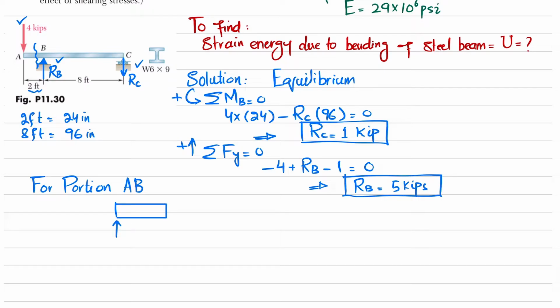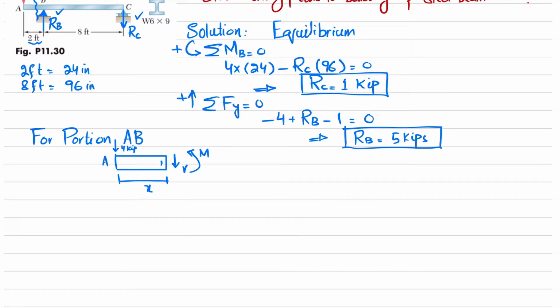This is your point A, where we have the reaction downward, and that is 4 kips. Let this distance be X, and if we cut the beam, there will be a shear force and an internal moment M. Let this point be point 1.